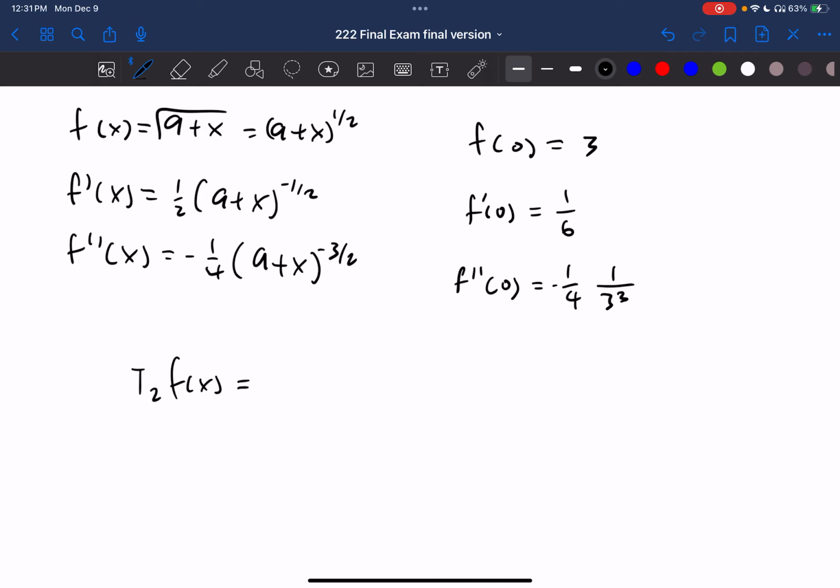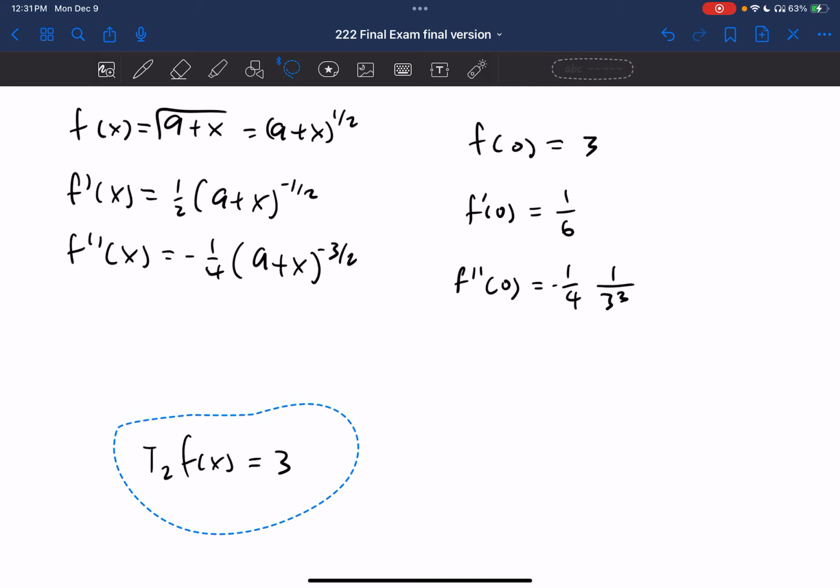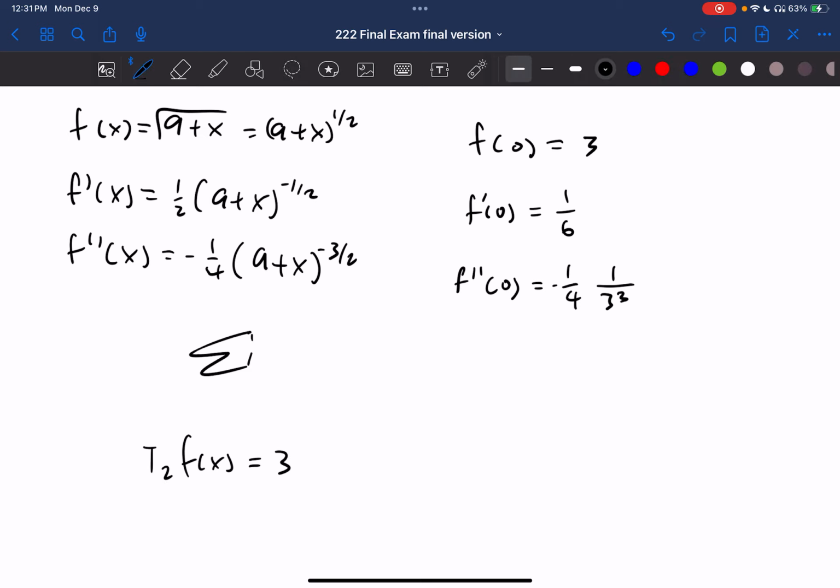will be equal to something. It will be equal to 3. If we wrote the Taylor series, it's f n of a divided by n factorial times x minus a to the n power.